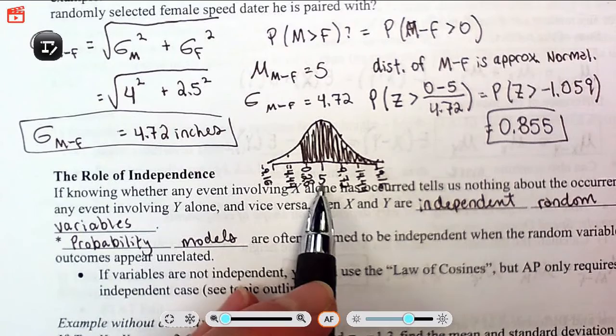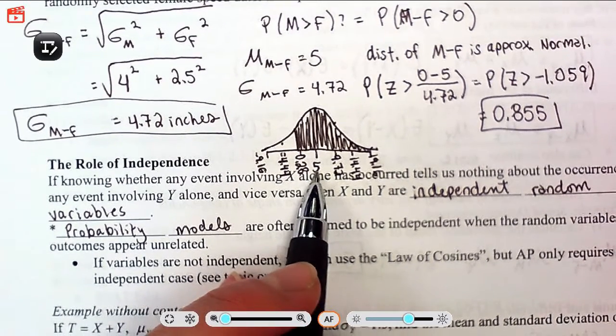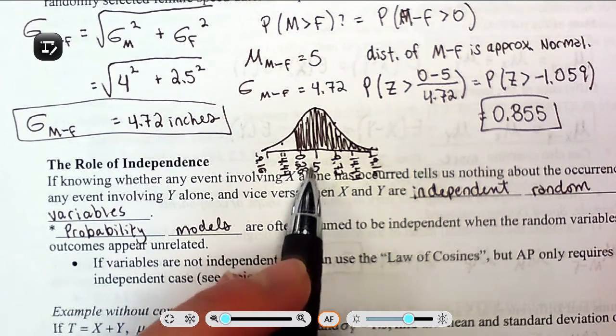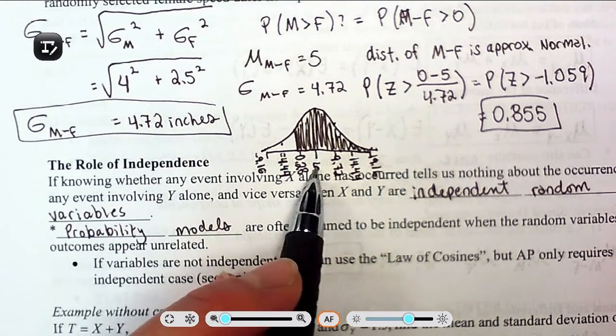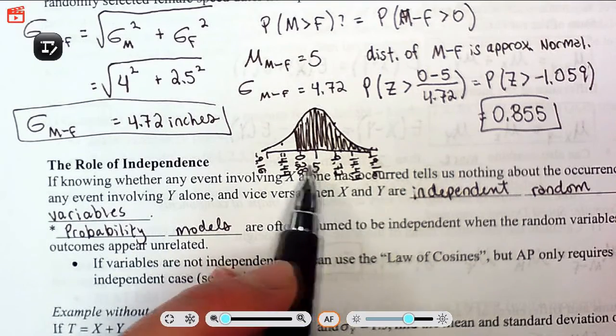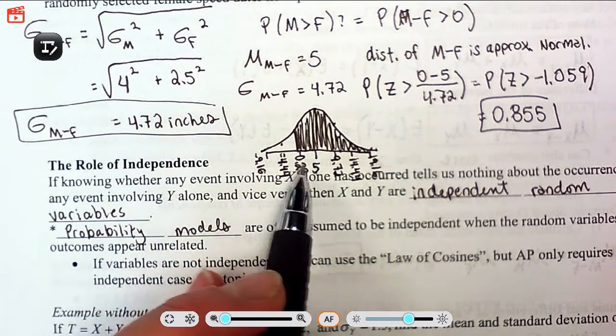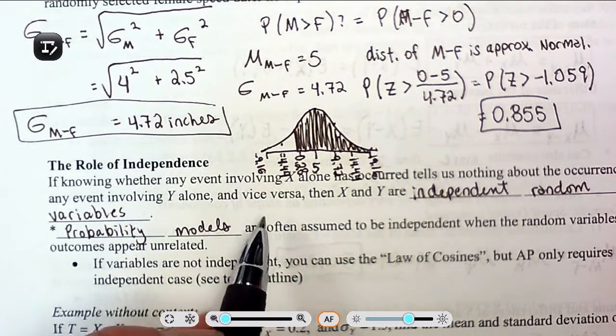So their differences in height had a mean of 5 inches, meaning on average males are 5 inches taller than females, with a standard deviation of 4.72. So we count up by 4.72s and count down by 4.72s, and it's fine that we have negatives down here.